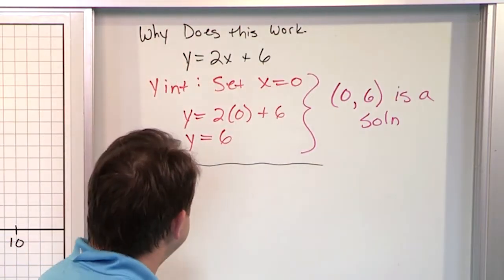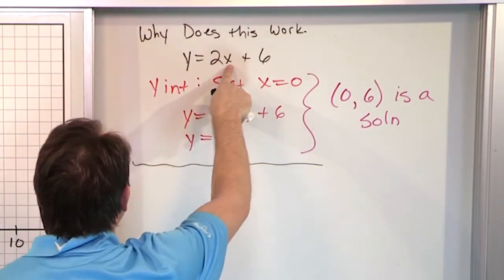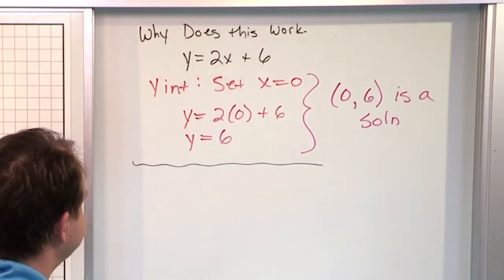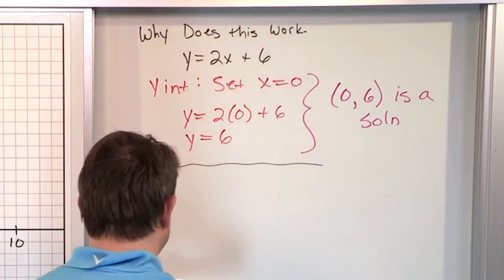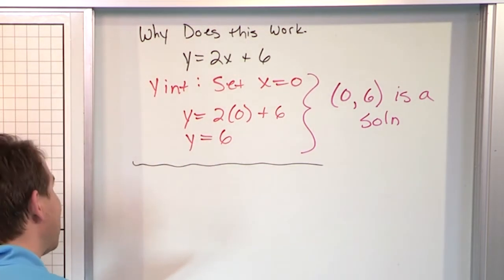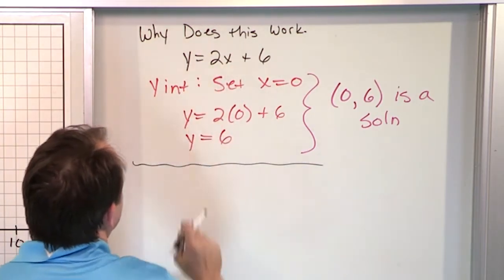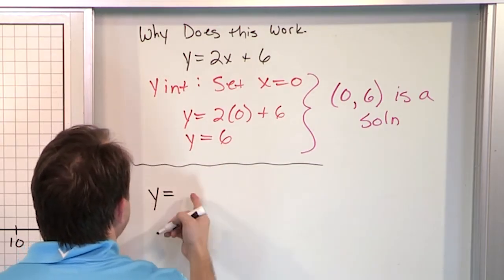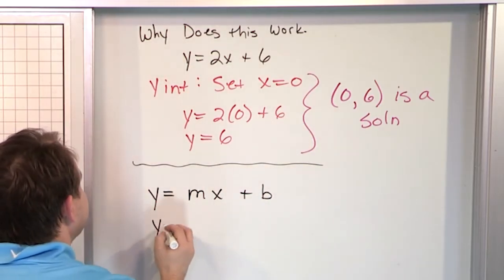This equation is telling me that whatever value of x I stick in here, whatever it is, I'm going to calculate the corresponding y value. And also, what I'm claiming here is this is the slope, so rise over run, right? So another way to say it is basically the following. mx plus b, what I'm really saying is that it's like this.